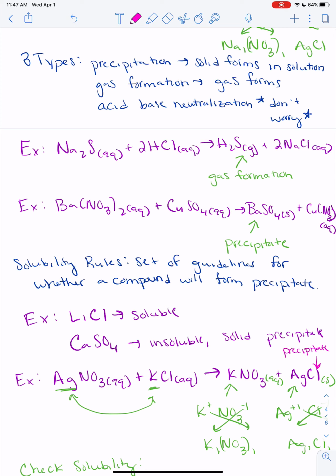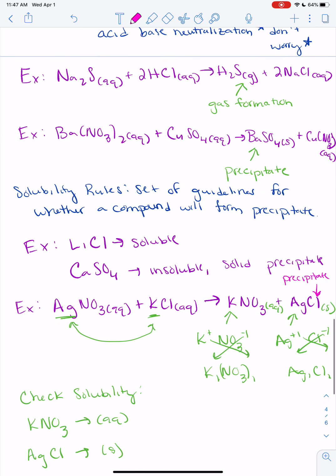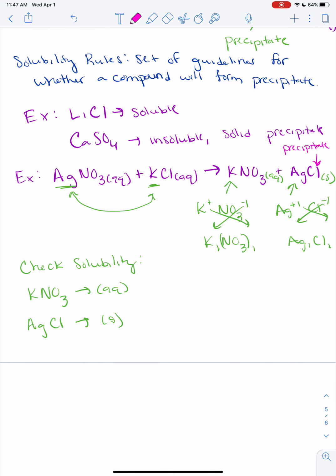We can identify gas formation if a gas is formed. Then we need to know those solubility rules. Again, you don't need to memorize them, you just need to be able to use them. And that can help us predict if a precipitate will form. If both of these were aqueous, there would be no precipitate formed, so this reaction would not happen. But since one of them is solid, a precipitate is formed.